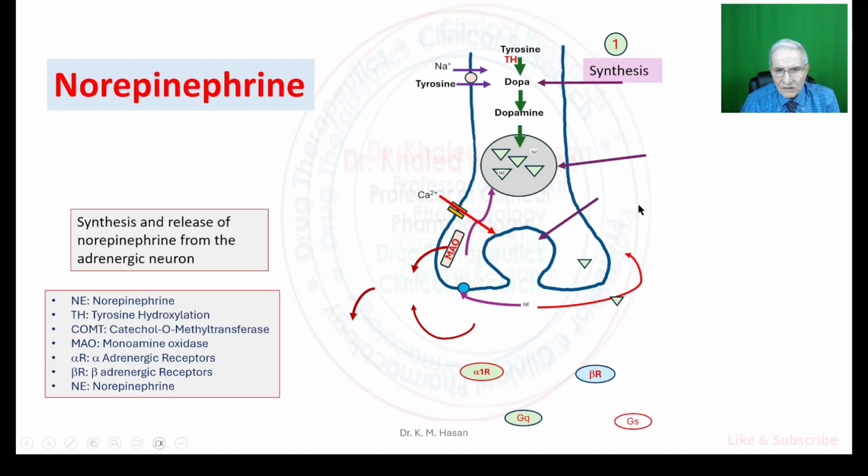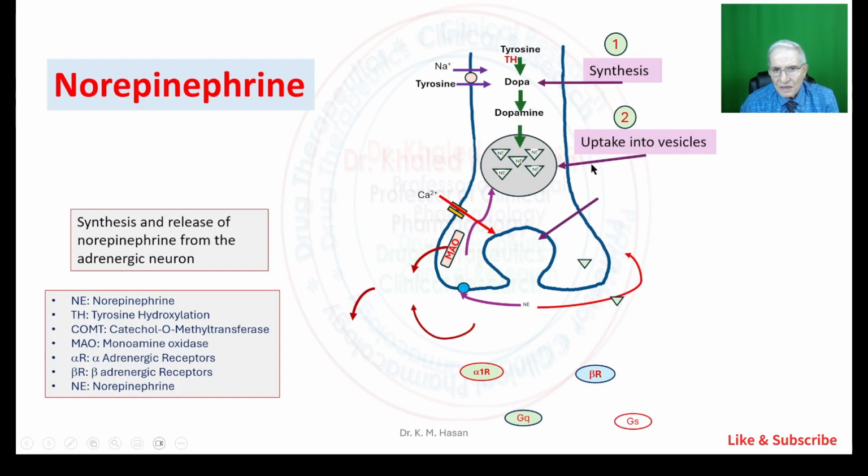The next step is uptake. The first step is synthesis of the mediator, dopamine or norepinephrine, from tyrosine.